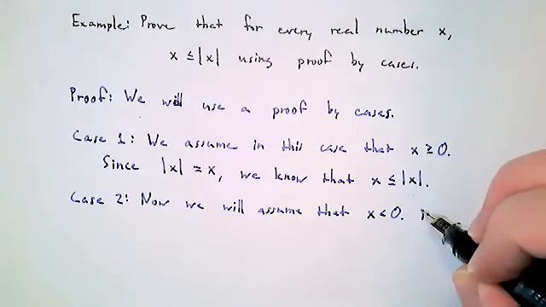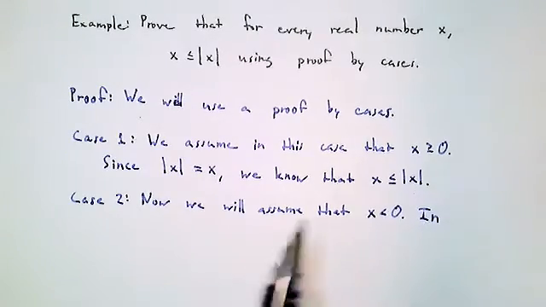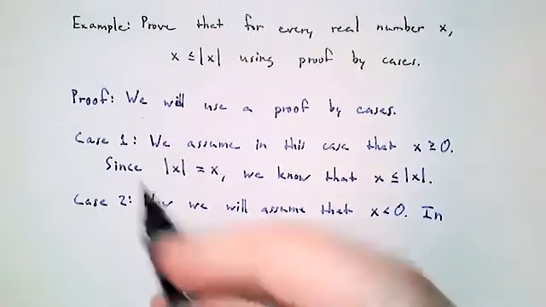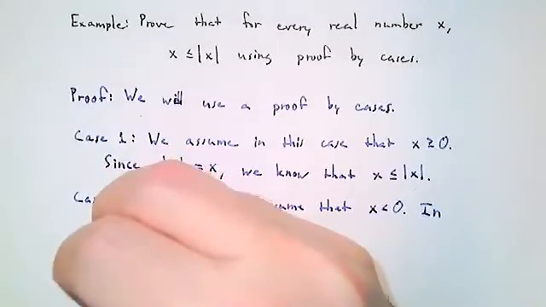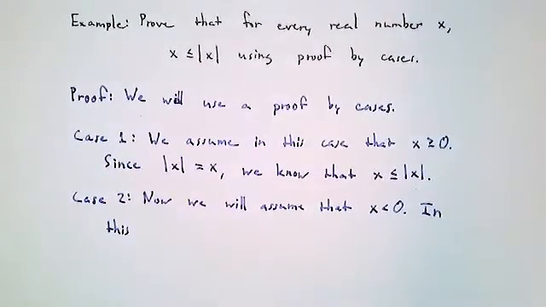So in this case, we know that the absolute value, we have to make it a positive number. And that means we have to put an extra minus sign on it.